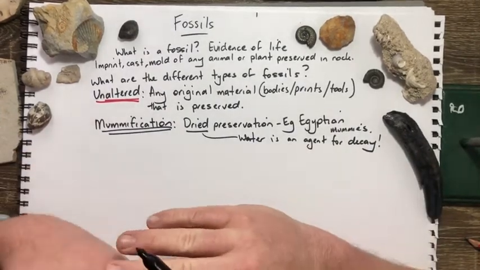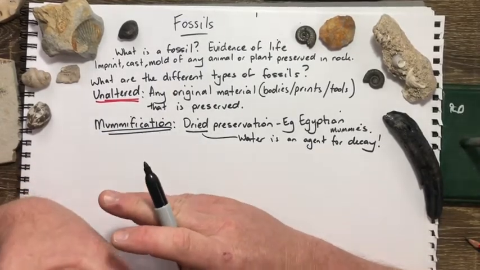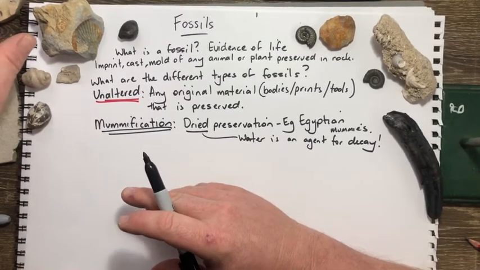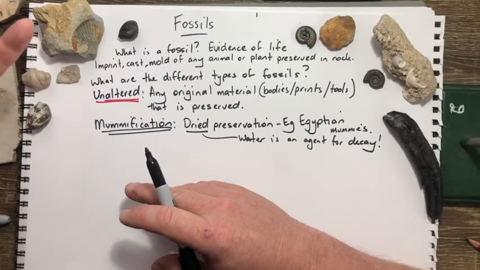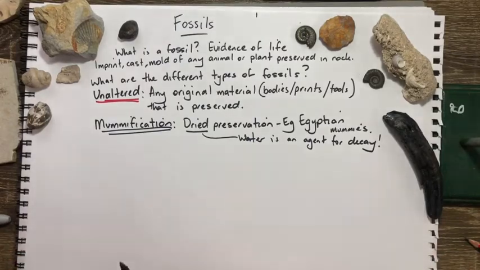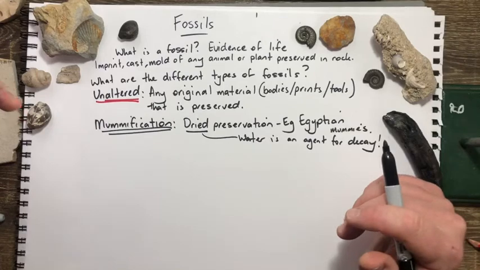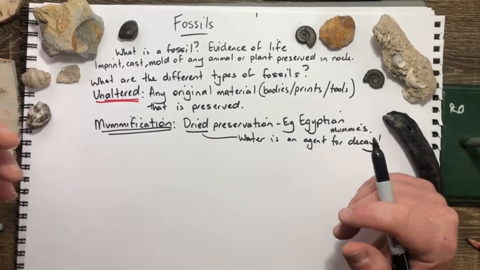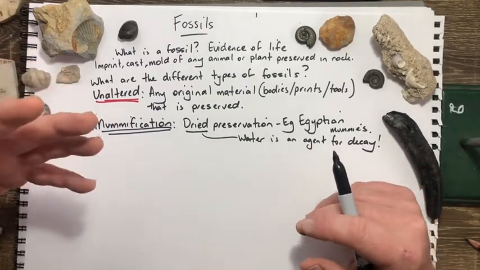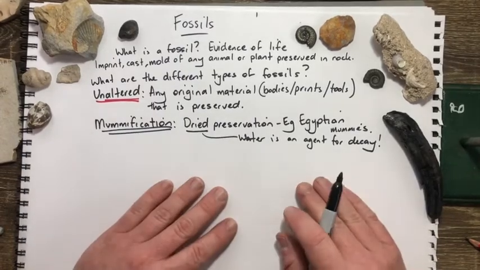So when we think about preserving things, sometimes you think about preserving it in a certain material, and we'll talk about that in a minute. But if we dry preserve foods, we obviously remove all of the water. And if body material is left in, for example, a dry sand or warm, dry conditions, it's going to be perfect for all of the water to leave that material and the original material to be left behind.